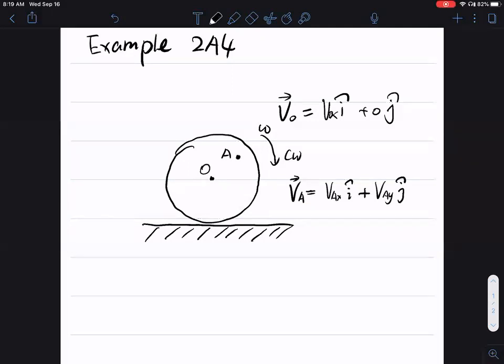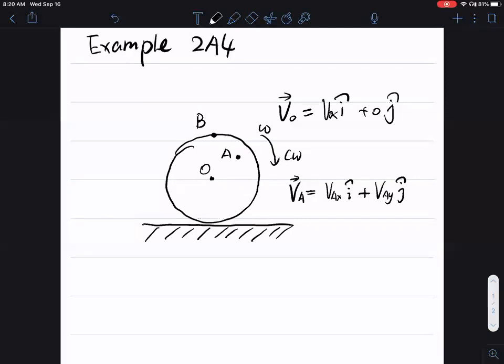But there are a couple of other special points where you can know the direction. For example, another one is on the top of this wheel, the point right above point O, on the edge of that wheel. Let's call this point B. So point B is right above the center of the wheel.